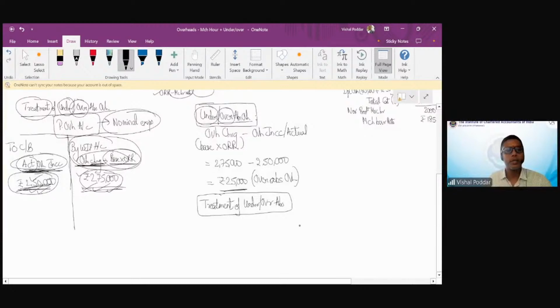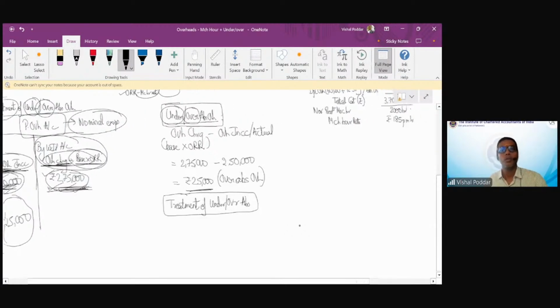Now at the end of the year, if this account is showing some balance, I'll have to close this account. How do you close? By passing the entry for this difference of 25,000 on the debit side. This is what is the treatment. But the question is, where will I post this 25,000? What would be my ledger account heads where this would be posted? That is what is the meaning of treatment.